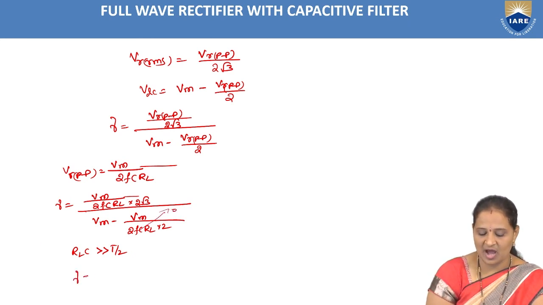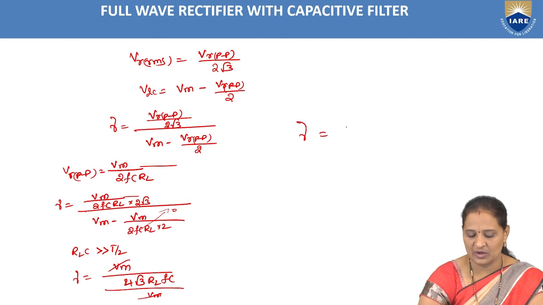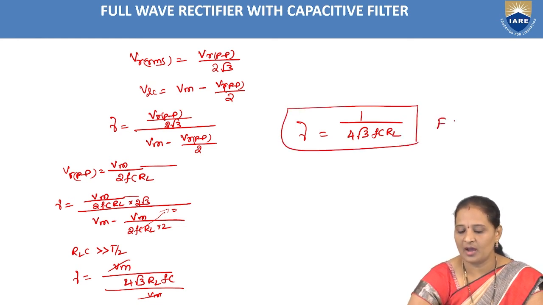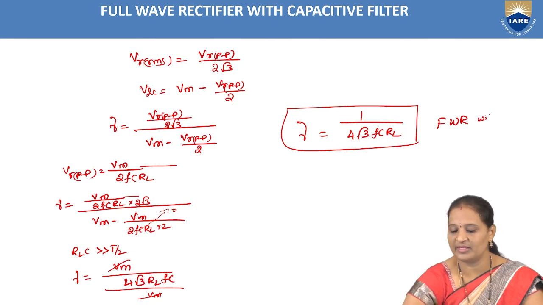Hence gamma becomes Vm divided by 4 root 3 RL f C, divided by Vm. Vm gets cancelled, so gamma becomes 1 by 4 root 3 f C RL. So this is the formula for the ripple factor of a full wave rectifier with capacitive filter.